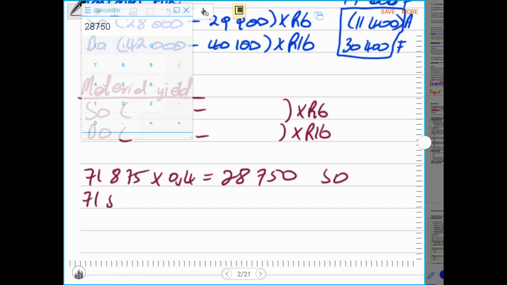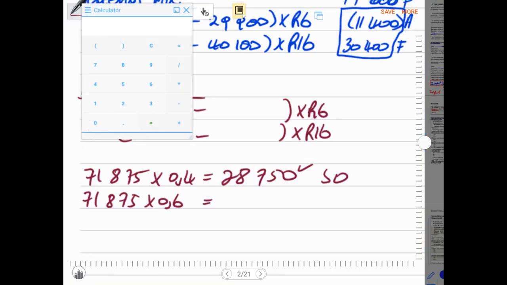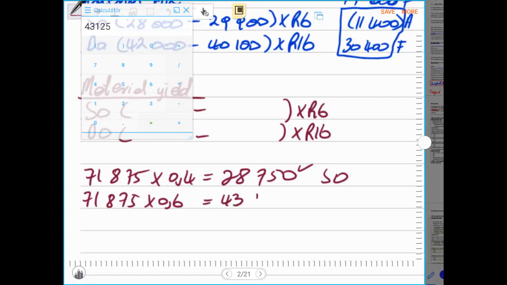Then we have 71,875 times 0.6, and it gives us 43,125. This is for material down.